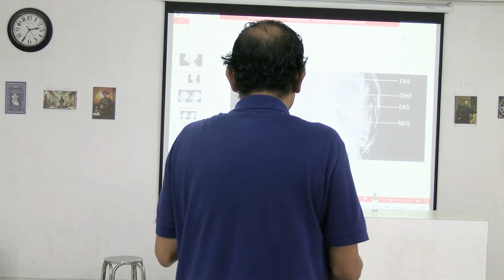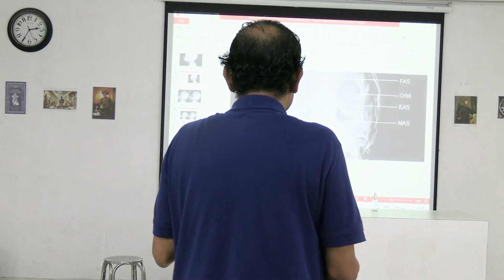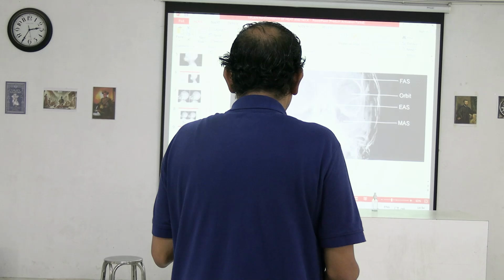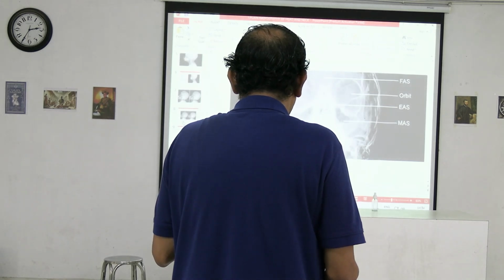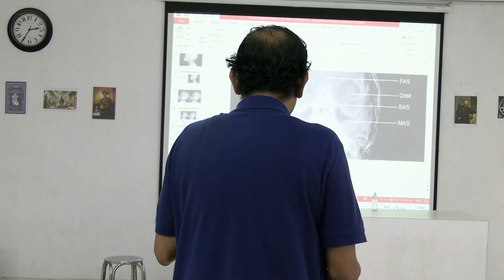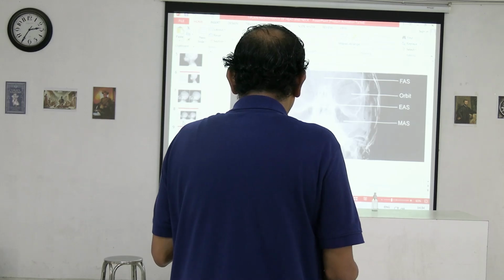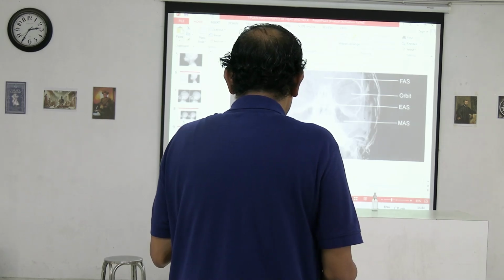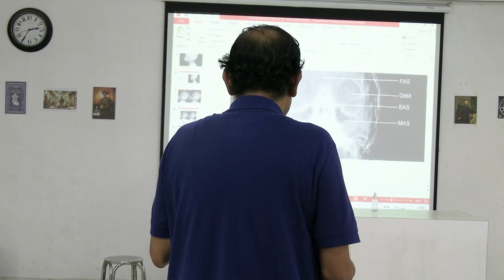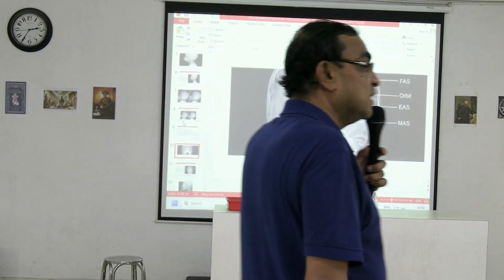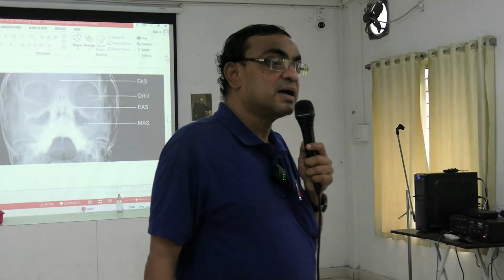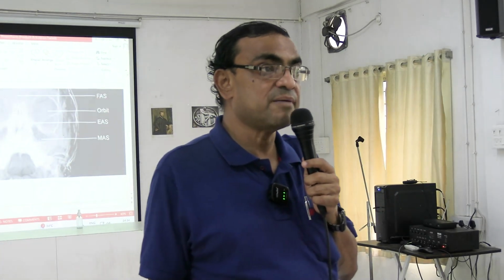Here we can get the ethmoidal group of air sinuses, and here also we can see the soft tissue shadow of the tongue, and also this white bony area which is not very prominent in this picture.